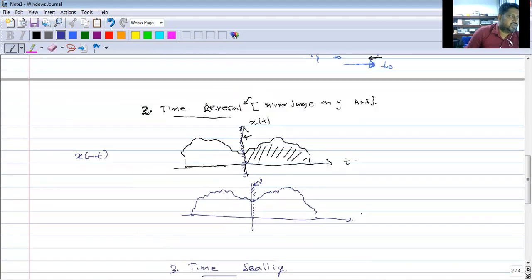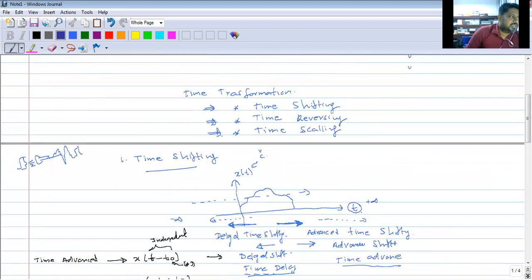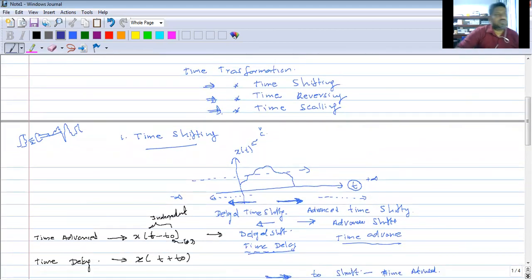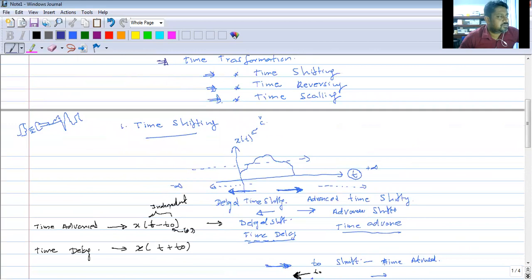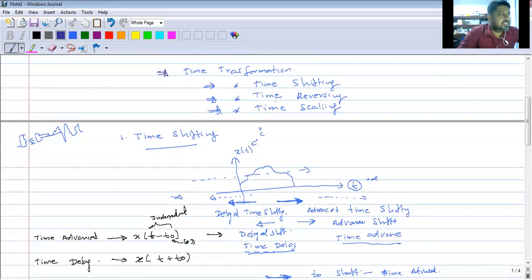So I think now you have got an idea. It still may not be clear, but when we do some examples, this will be clearer for you. So we have learned three types of time transformation techniques: time shifting, time reversing, and time scaling.